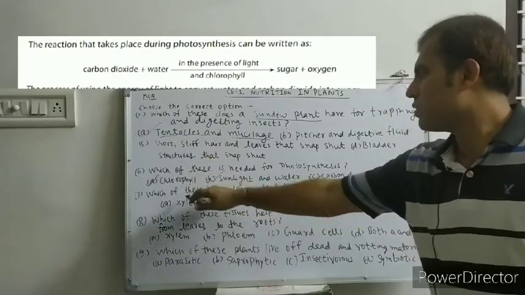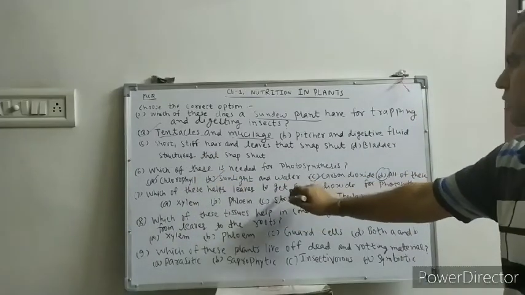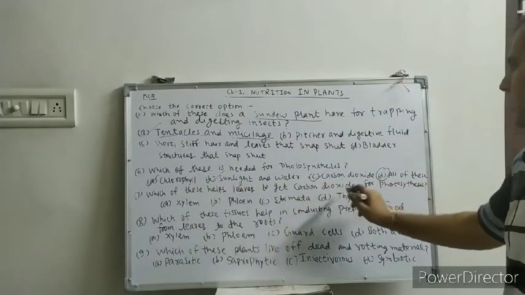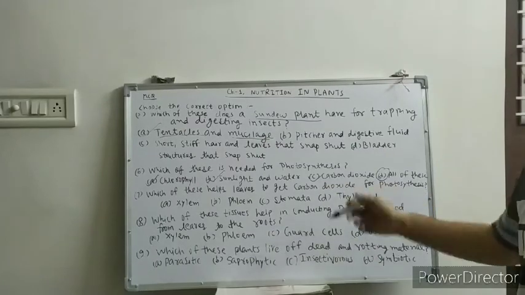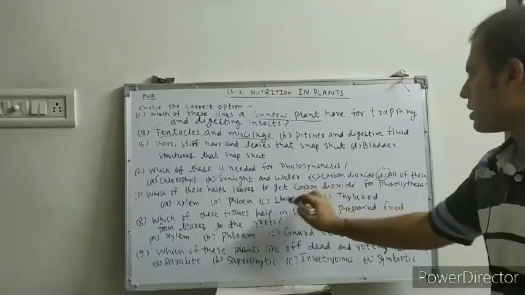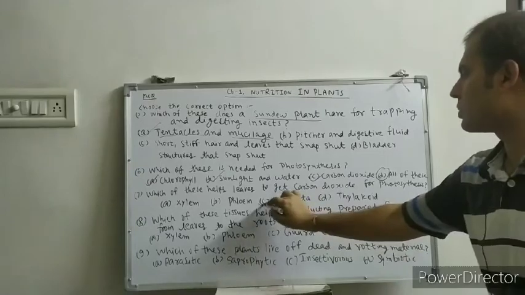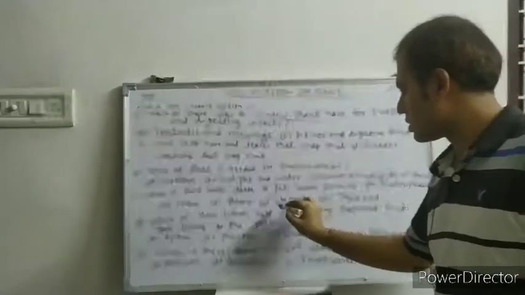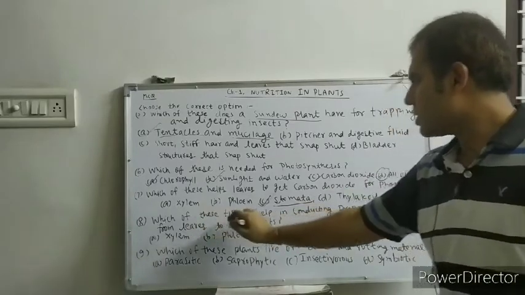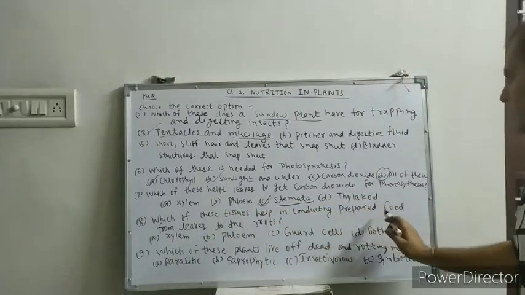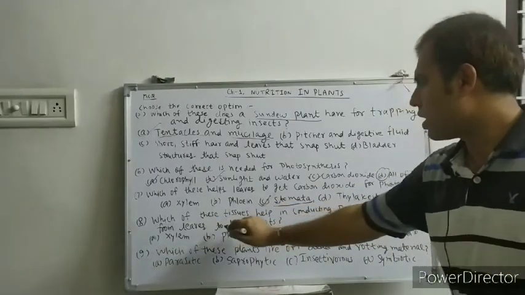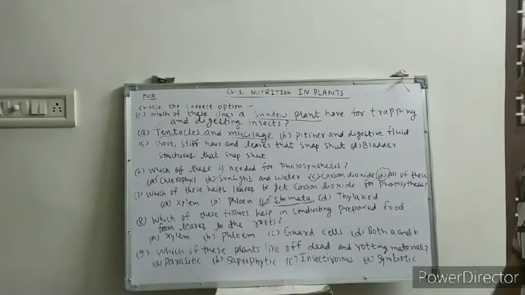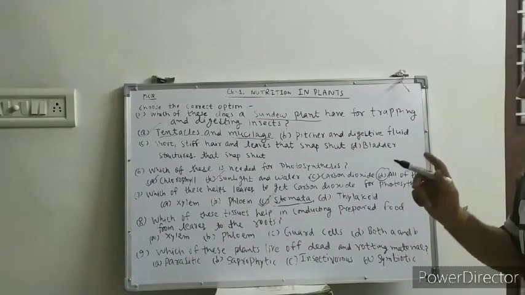Seventh question, which of these helps leaves to get carbon dioxide for photosynthesis? Yes, it is very simple. Stomata will help to get carbon dioxide for photosynthesis. Stomata. Eighth question, which of these tissues help in conducting prepared food from leaves to the roots?